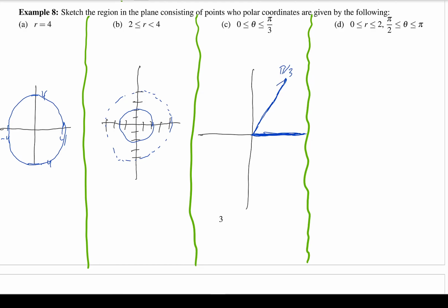So that means I can go anywhere I want along these lines. I can also go in between them because our inequality states that theta is going to be in between these. So I could choose something like pi over 4, and I'd also be including all points on that line. So that means I'm going to be including everything in this area.